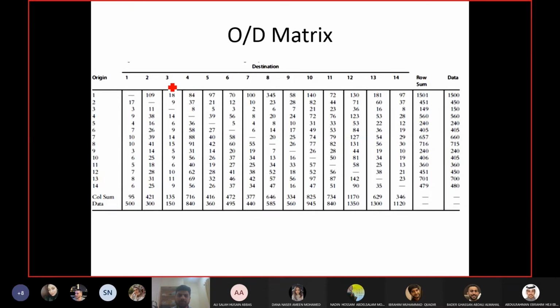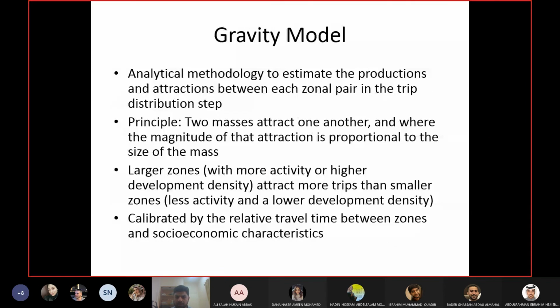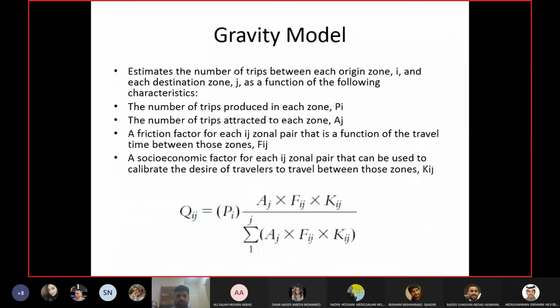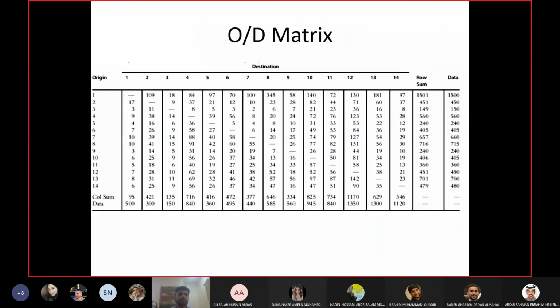Let me check one thing which I said earlier. Exiting trips. So you calculated the first row. When you apply the same methodology to zone 2, you will end up with the second row, and the third row and the fourth row, and so on and so forth.